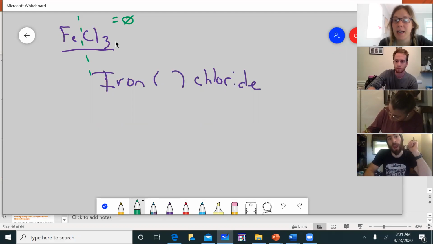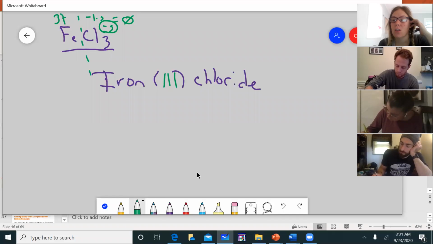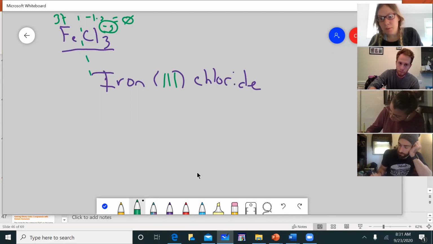Always -1. And how many of them do we have? We have 3. So -1 times 3 gives us a -3 charge. If this is -3, what does this side have to be to balance it out? Equal and opposite. So +3, iron 3. So you go from the nonmetal, which will always have a predictable charge, or it'll be a polyatomic ion, which has a predictable charge, to get the metal with the varying charge.